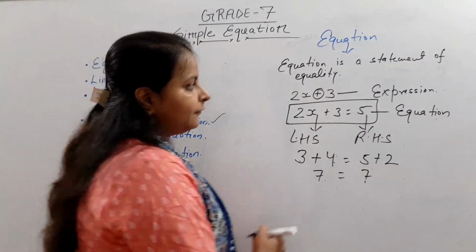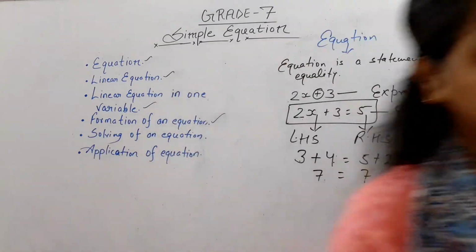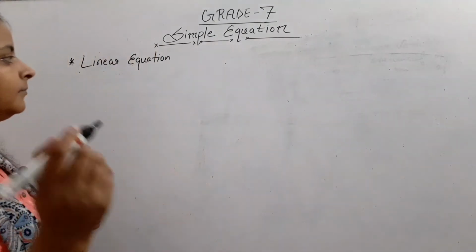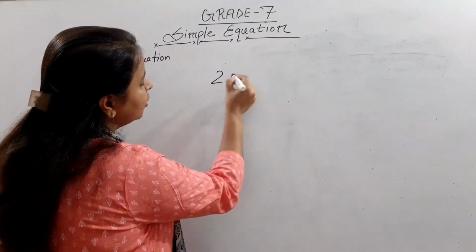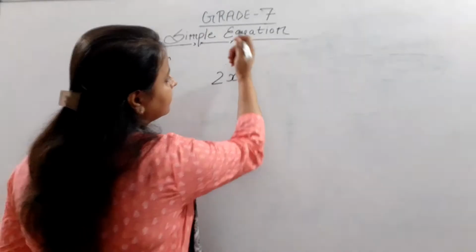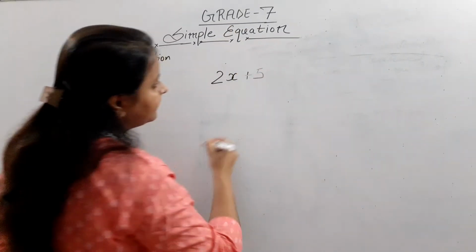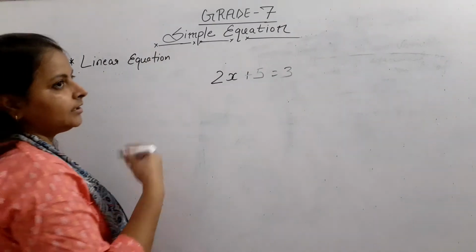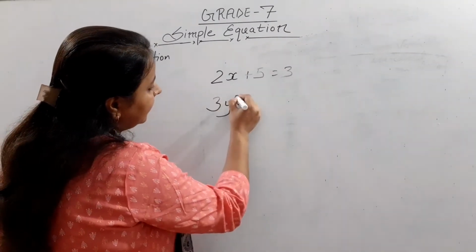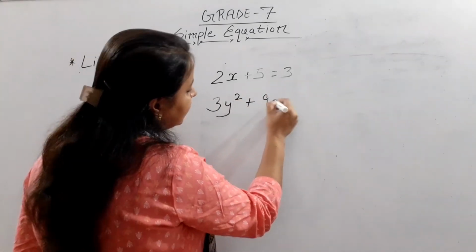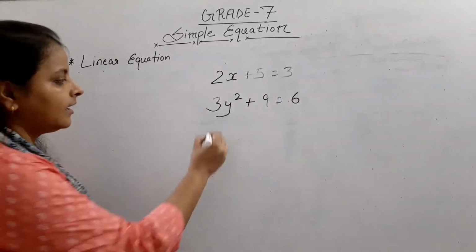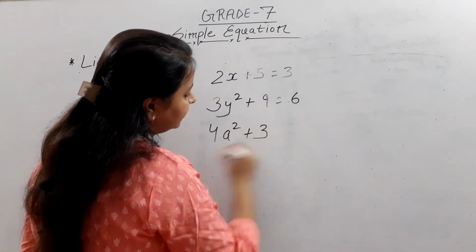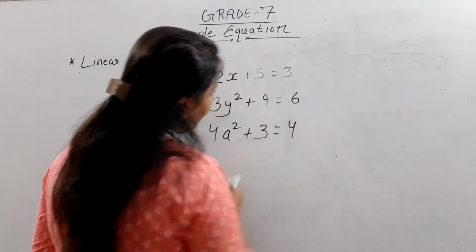Okay. So now students, we learn about what is linear equation. Students, here I write some equations, that is 2x plus 5 is equal to 3. The next equation is 3y square plus 9 is equal to 6. 4a square plus 3 is equal to 4.